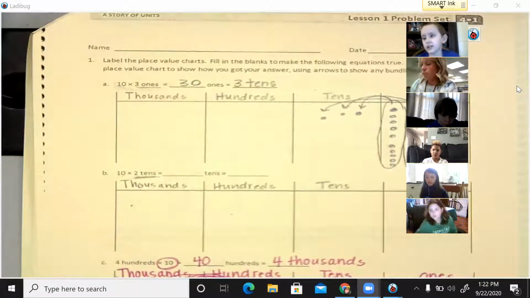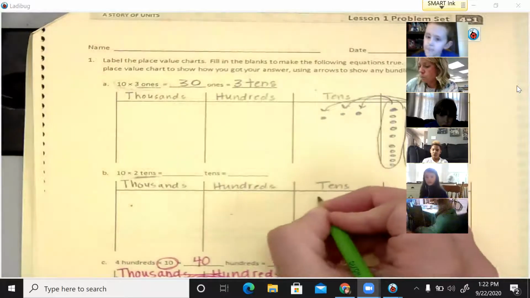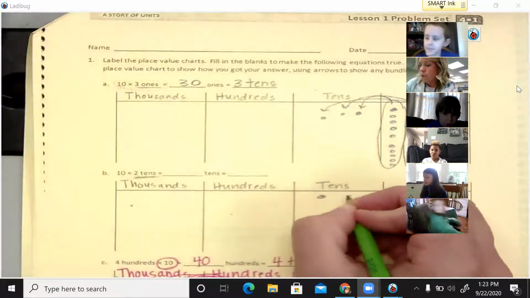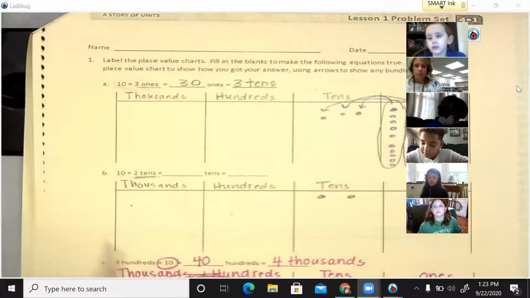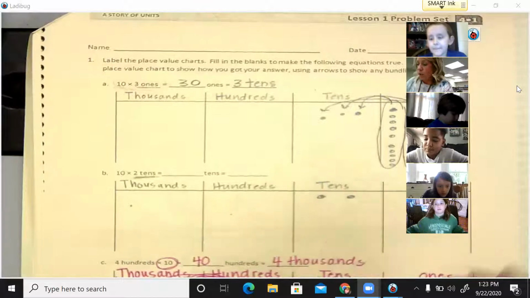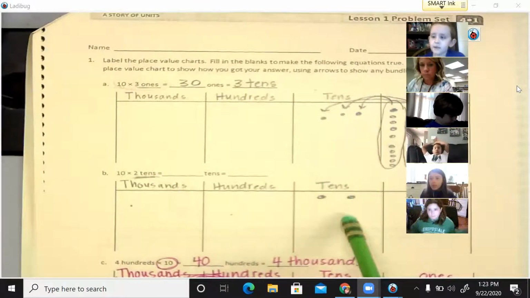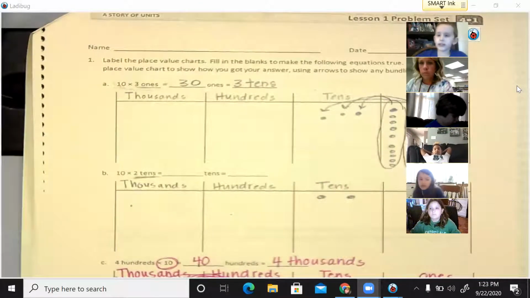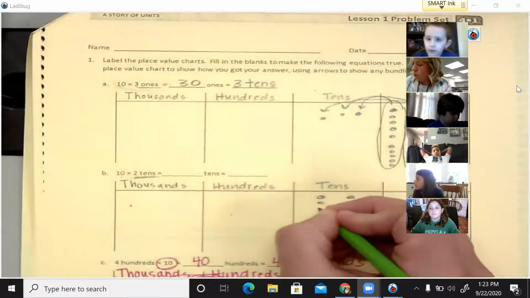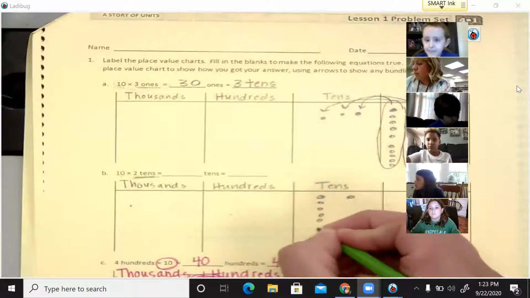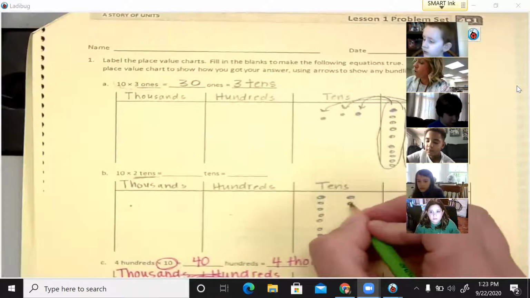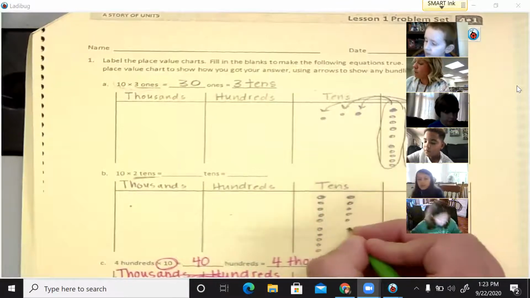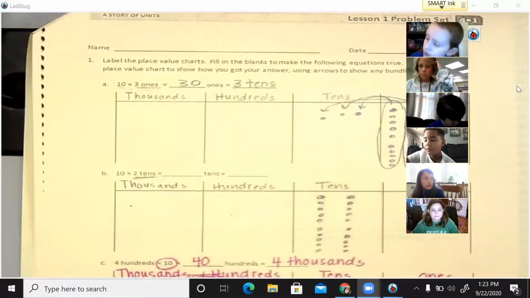The tens. How many am I going to draw? 2. Good. So I put my 2 here. And then, Tyler, I have to show 10 times these 2 tens. So what should I draw going this way? 9. Very good. 9 more. 1, 2, 3, 4, 5, 6, 7, 8, 9, 10 total. Here's 1 ten, 2, 3, 4, 5, 6, 7, 8, 9, 10.